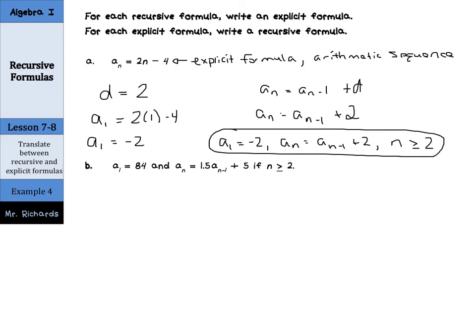Now, we have a recursive formula here. Our first term is 84, and a(n) equals 1.5a(n minus 1) plus 5 if n is greater than or equal to 2. Well, this is a recursive formula.